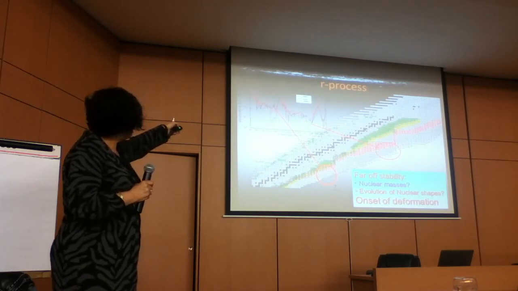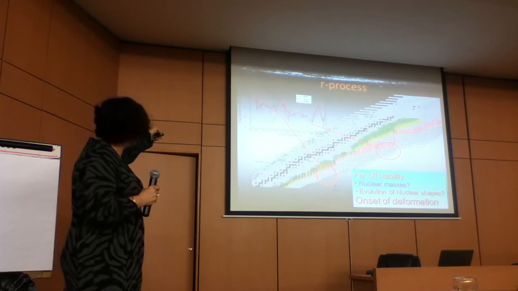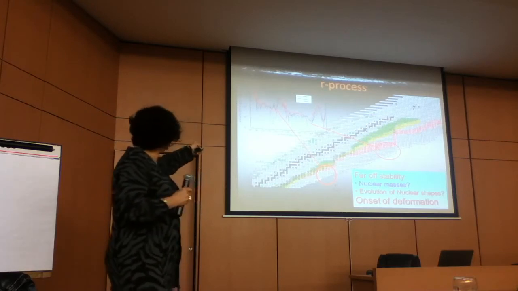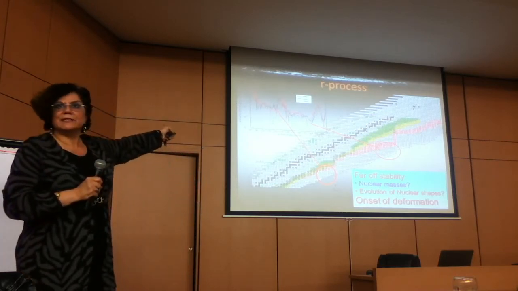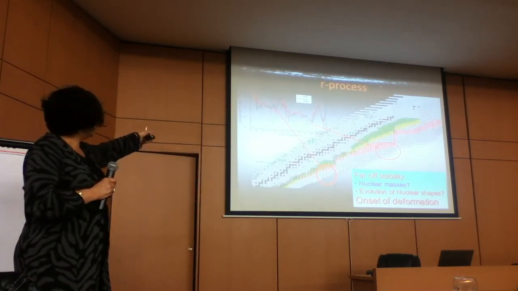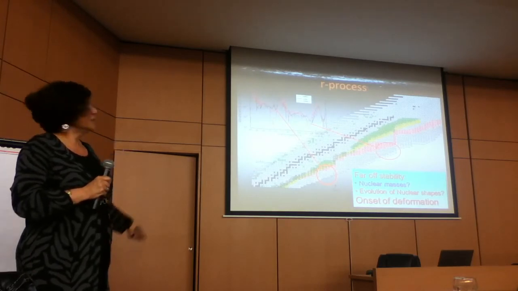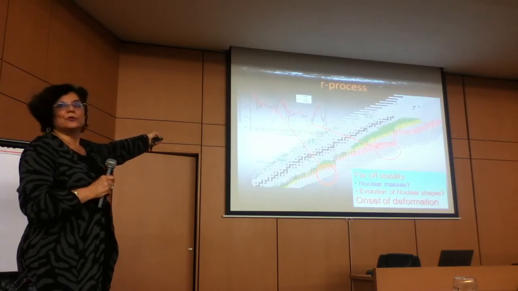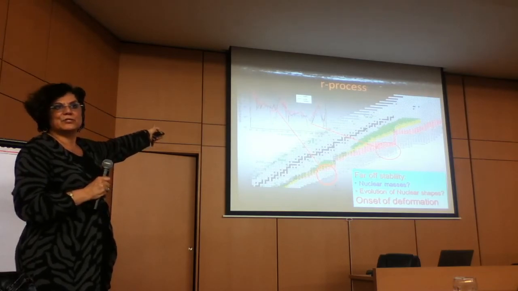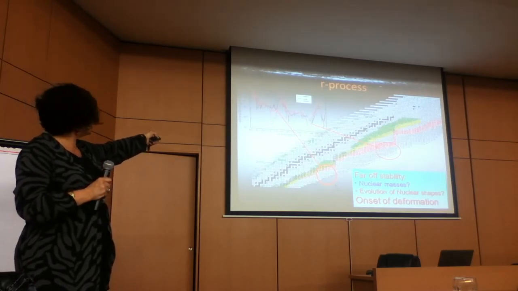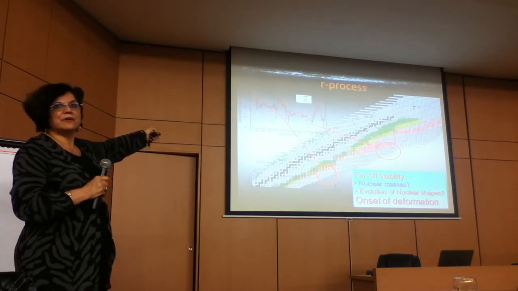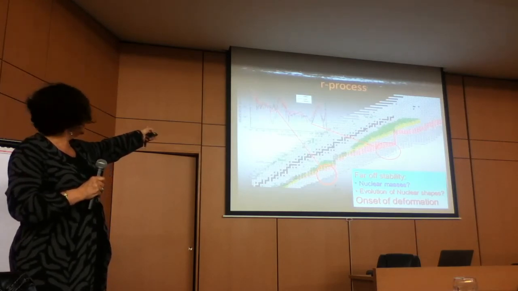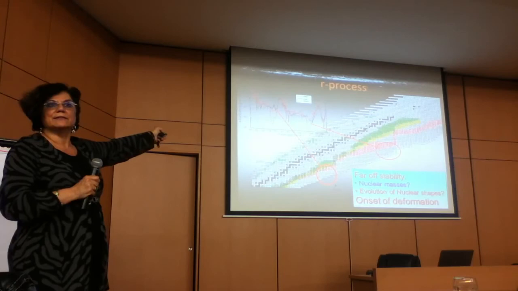These are both ETFSI-Q type mass models, which are very similar in basis except for the quenching of the major shells here. So if you put in mass models which have different major shells, different magic shell numbers, you're going to get very different solar abundances.